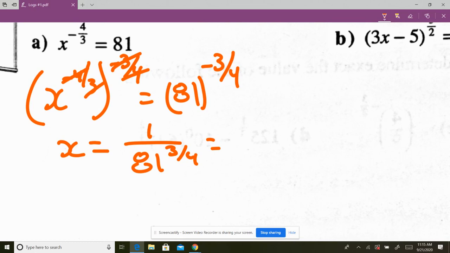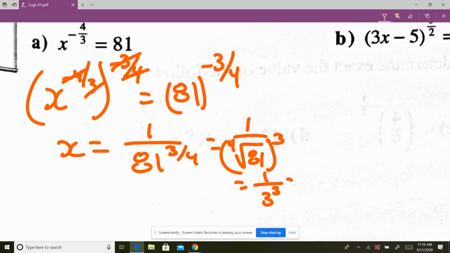That's our root. We're doing 1 over the 4th root of 81, all cubed. What's the 4th root of 81? What number multiplied by itself 4 times equals 81? 3. So I get 1 over 3 cubed. What's 3 cubed? 27. So it's 1/27.